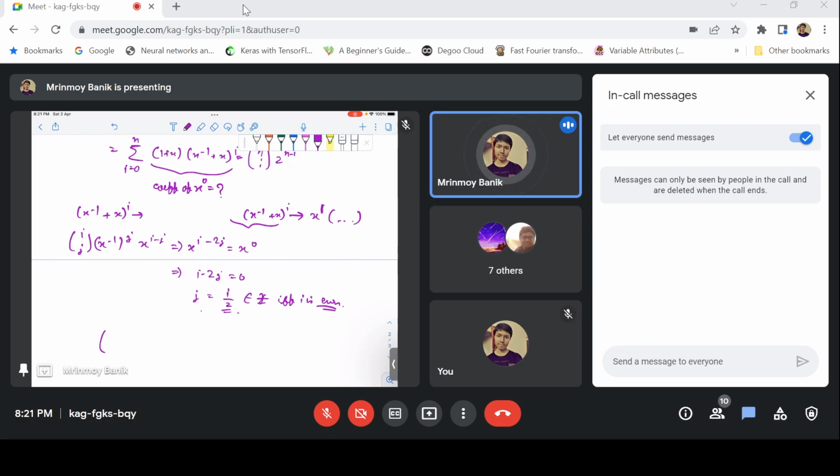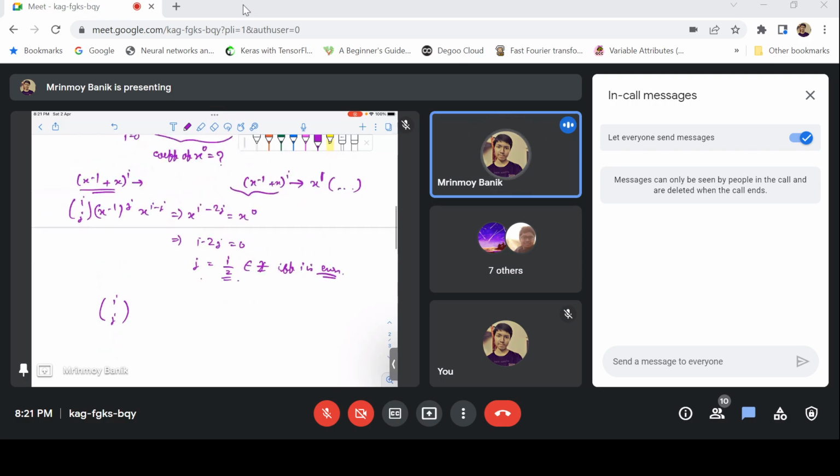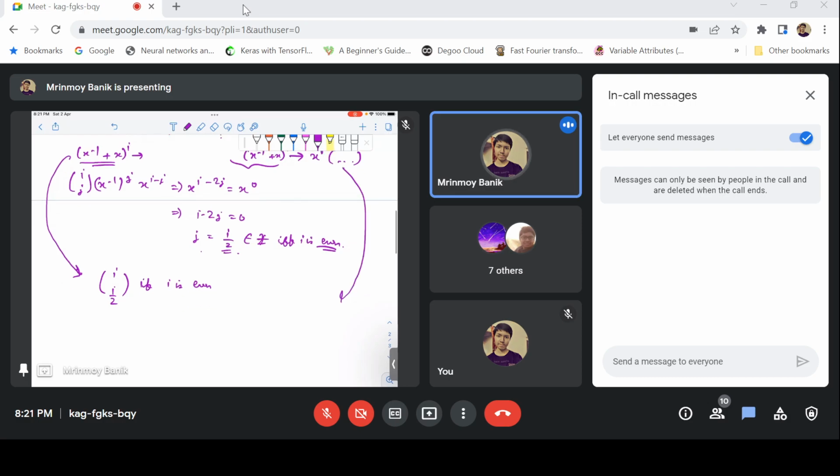What is that coefficient? iCj as the constant term from this side, where j is i by 2. Now let's see what we get from here.